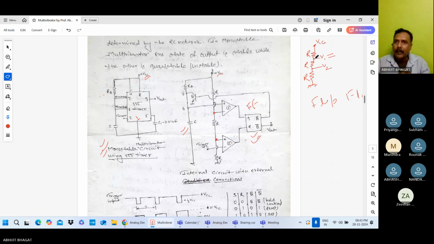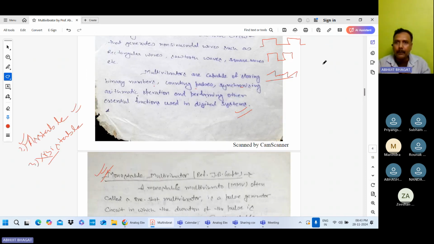This resistance is 2R, the resistance between this point and ground, divided by all the resistance, 3R, into the applied voltage, suppose VCC.